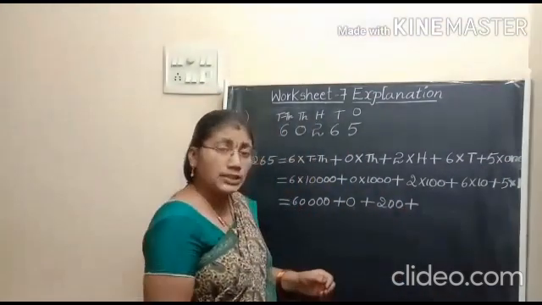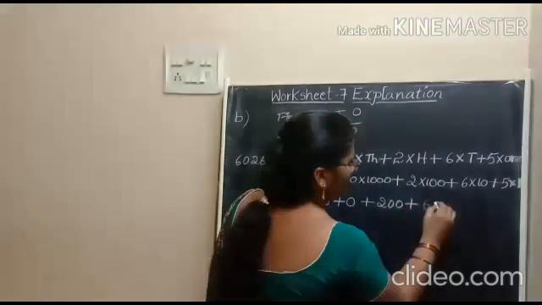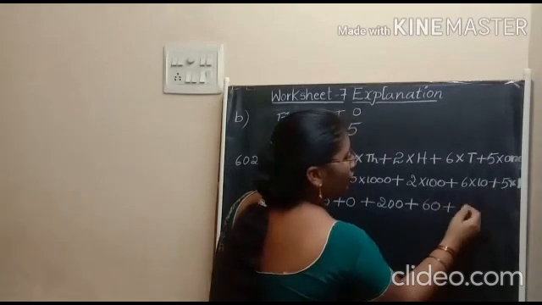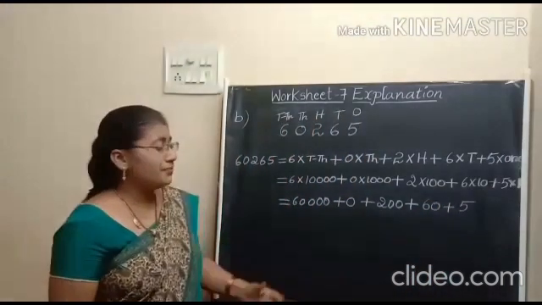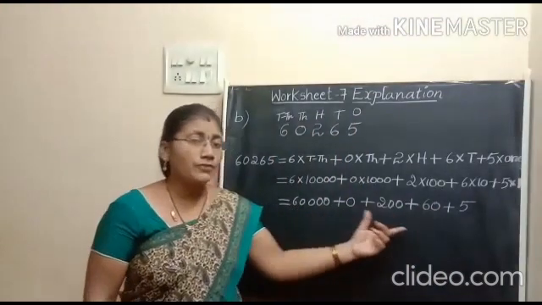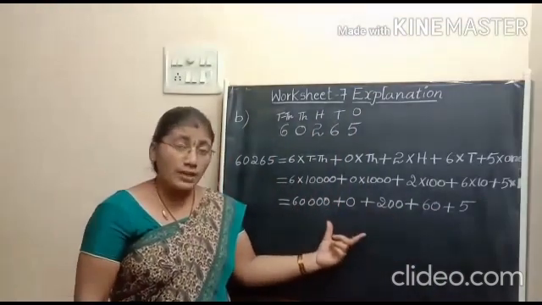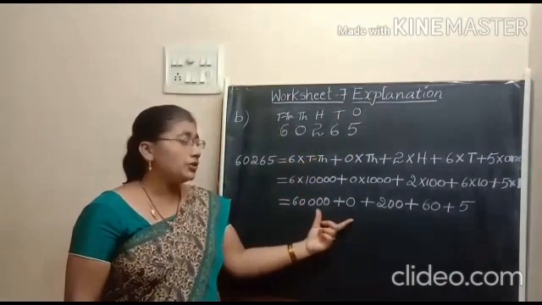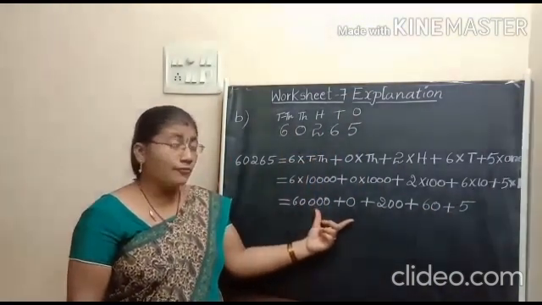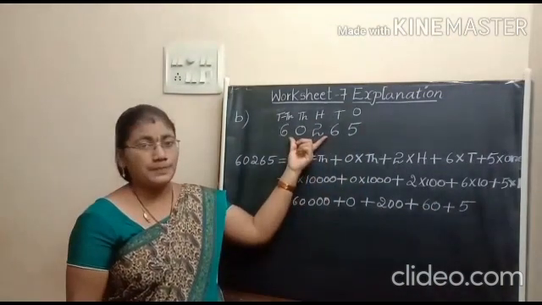Plus 6 into 10, 60. Plus 5 into 1, 5 only. Understood? Now, this is in the form of sum of place values of these digits. So, this is called the expanded form of this number.